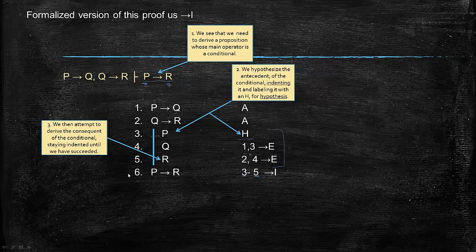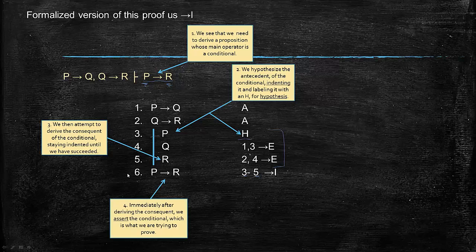And we keep it indented until we have succeeded. And then immediately after succeeding in doing that, we assert the conditional. And when we assert the conditional, we take away the indent. I didn't write that here, right? So remove the indent.